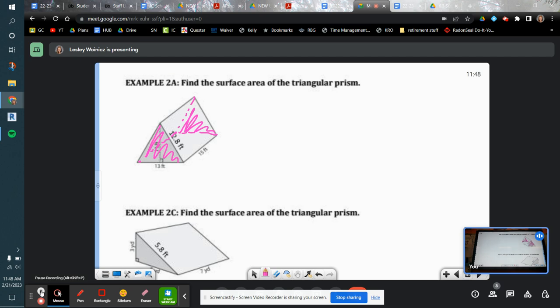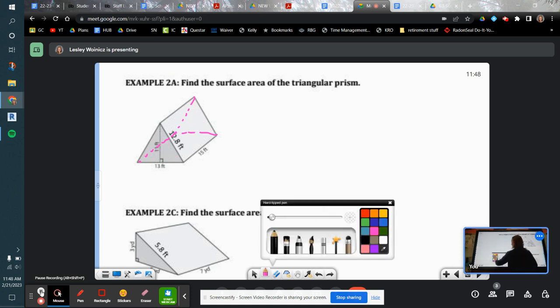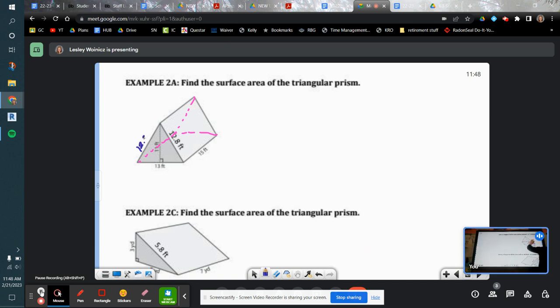Mm-hmm. Okay, perfect. And then you see that this side is also 12.8, right? Sure. So we've got this face in the front and then this face in the back that match. Does everybody see that? Yep. Okay, but the face that it's resting on is different.